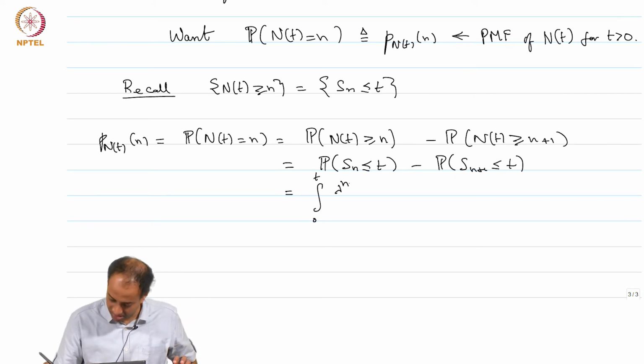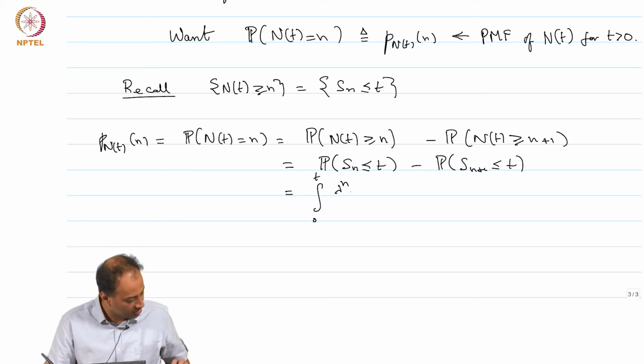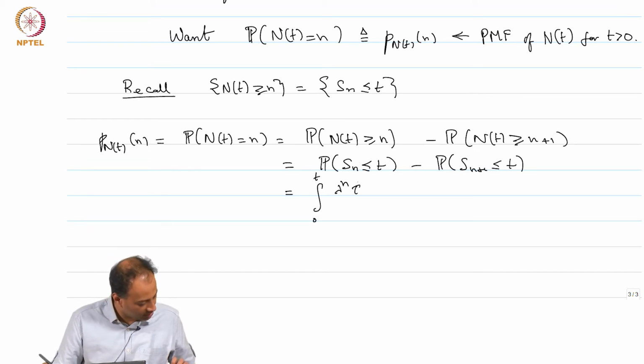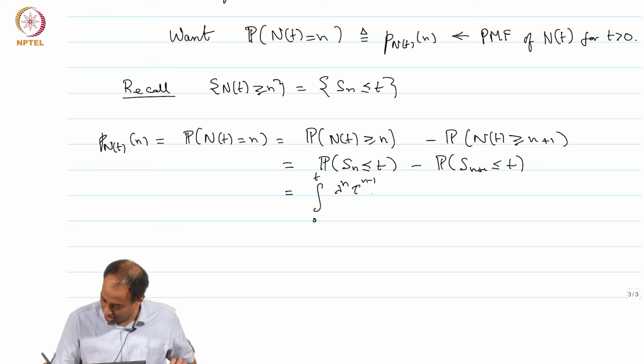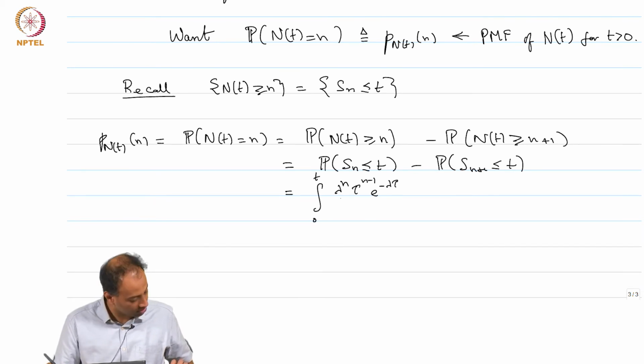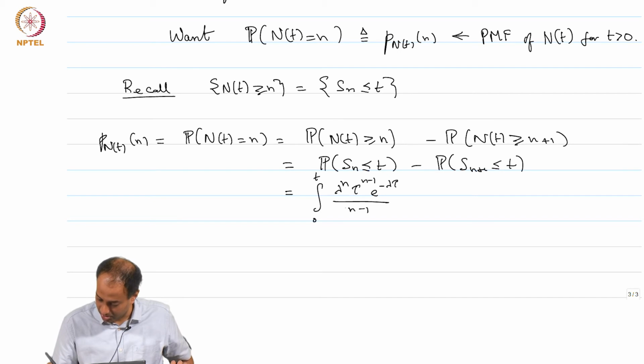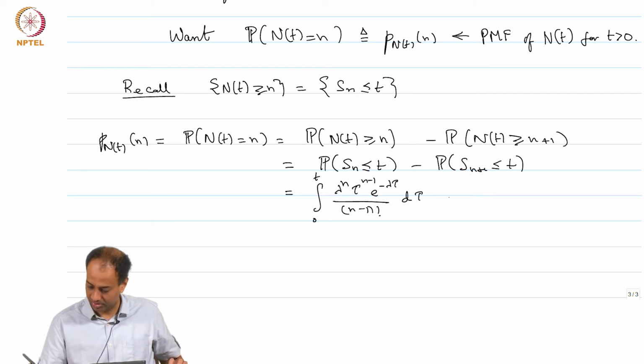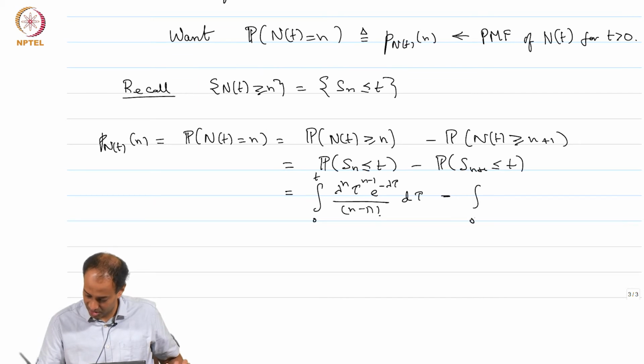So, F_{S_n}(t) is nothing but lambda to the n, I should not write t again, so perhaps I will write tau, tau to the n minus 1 e to the minus lambda tau over n minus 1 factorial d tau, minus integral 0 to t, the same thing replaced with n plus 1, lambda to the n plus 1 tau to the n e to the minus lambda tau over n factorial d tau.